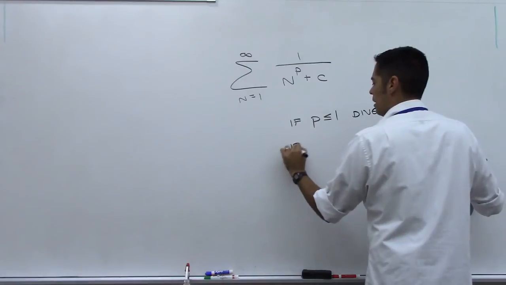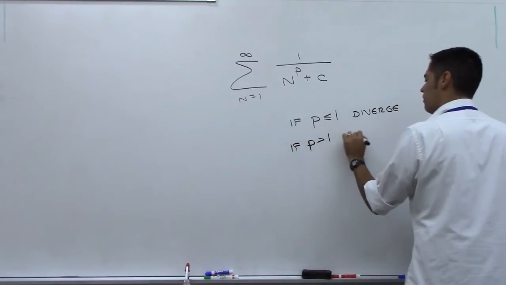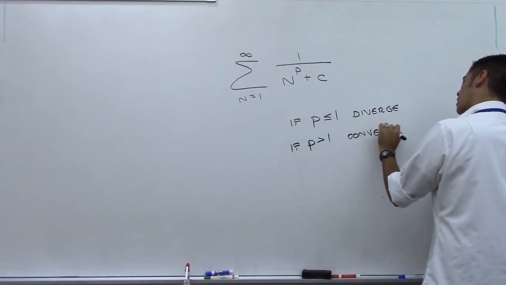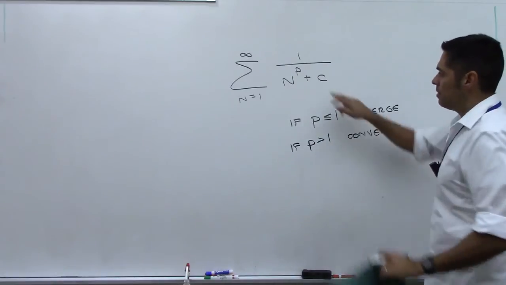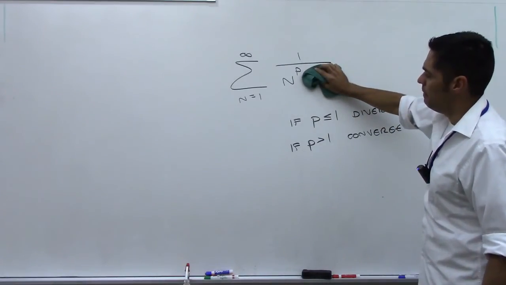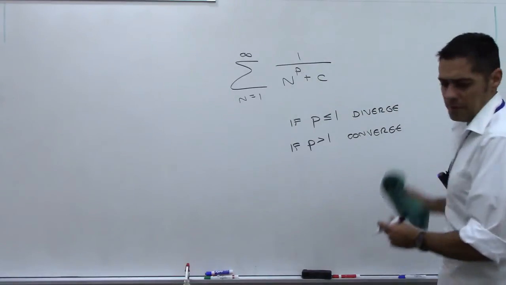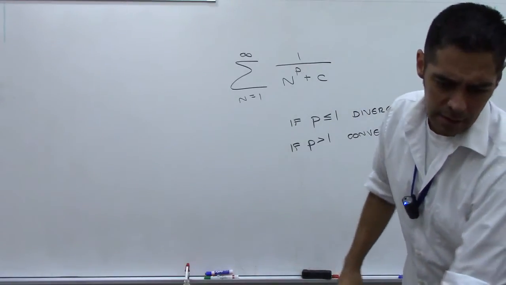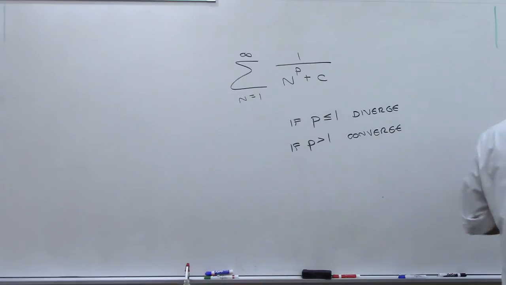If p is greater than 1, it will converge. So having a constant out there, like that's a p-series, has no effect on anything. It's still going to hold true.